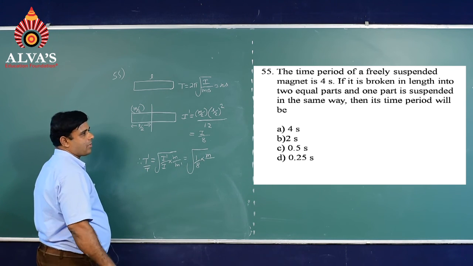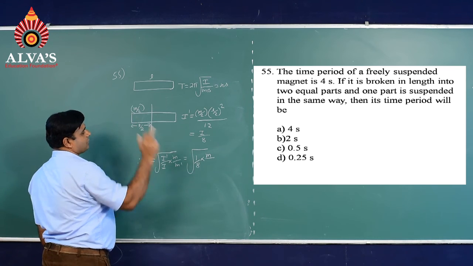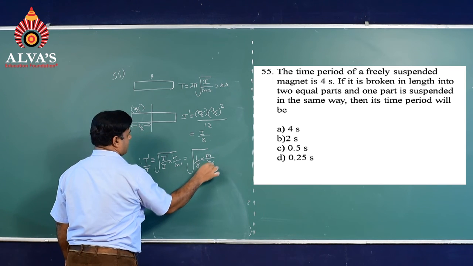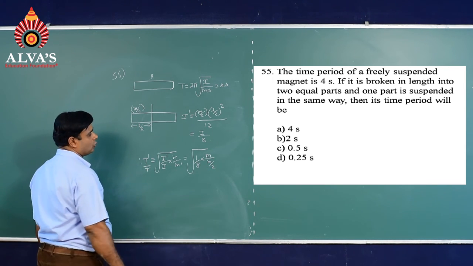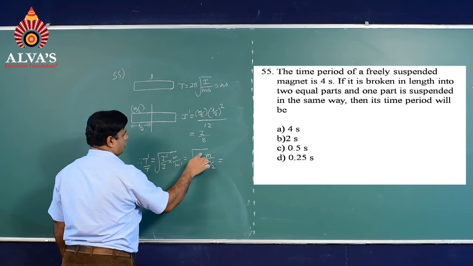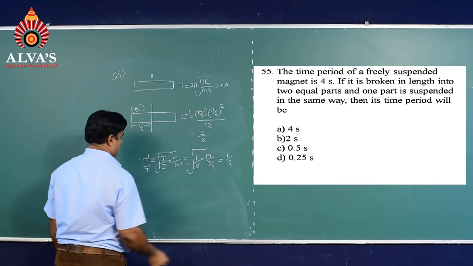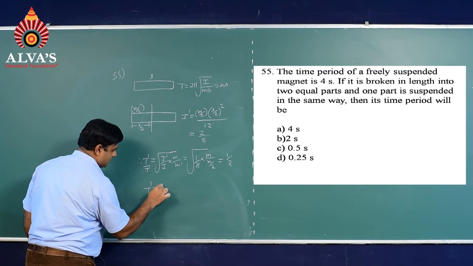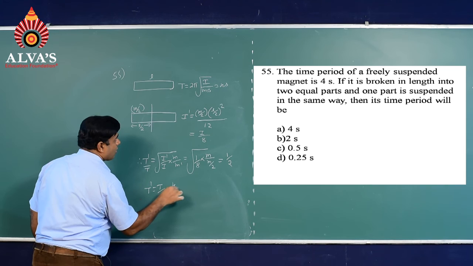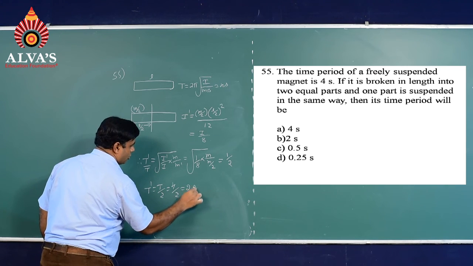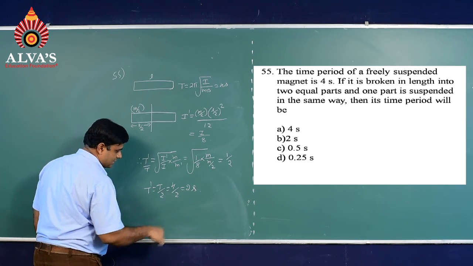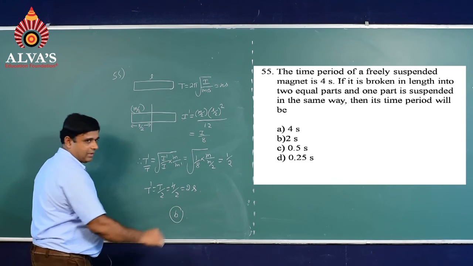The original magnetic moment is m. Now, the length becomes half, therefore the magnetic moment becomes m by 2, which gives rise to 2 by 8, that is 1 by 4, and the root of 1 by 4 is 1 by 2. Therefore, T dash is T by 2, 4 by 2 equal to 2 seconds. So, the answer is B.